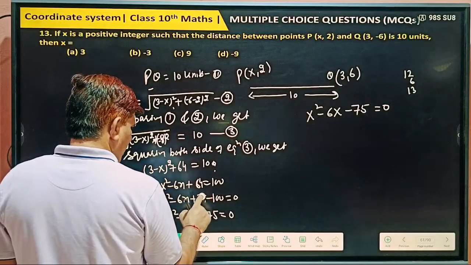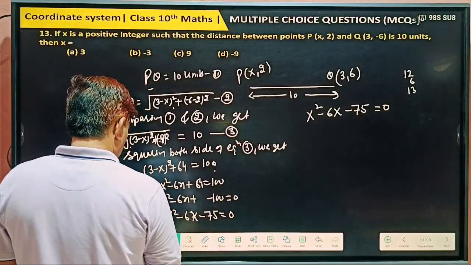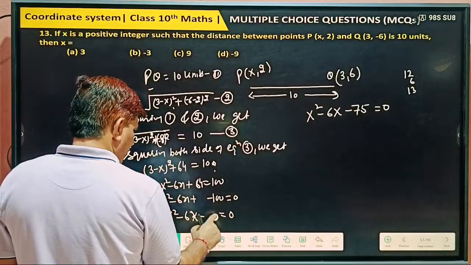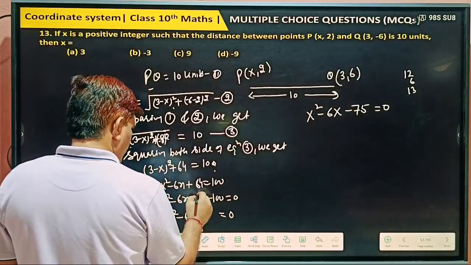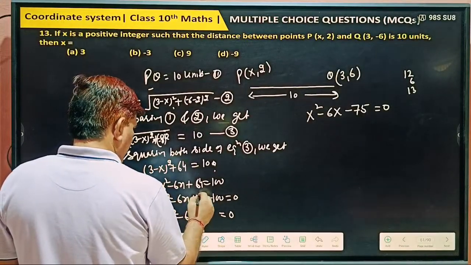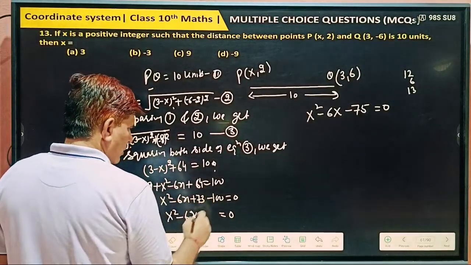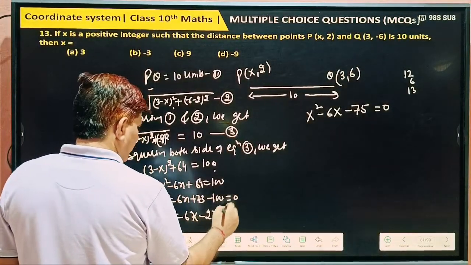What's coming here? 73. How much? This is 27.